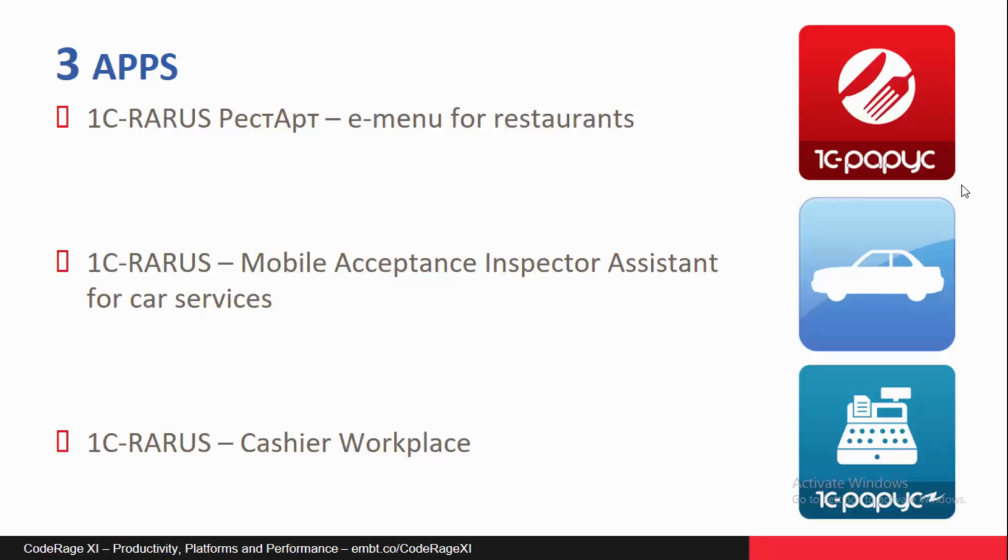I mean the primary examination of the car and setting the task, etc. And the third application is the cashier workplace or sales assistant. Of course, all these projects were done in turns, not simultaneously, but many similarities were in these projects, aside from Delphi as the mobile development tool.